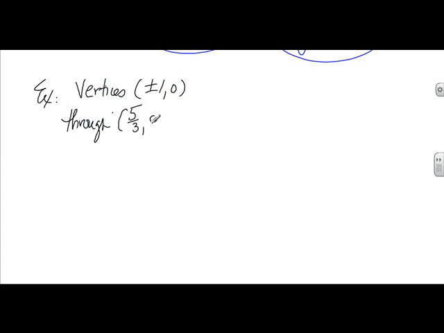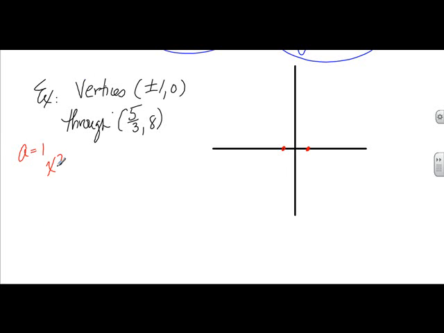Since the vertices are positive and negative 1, 0, if I think about where those points are, we know our hyperbola's got to open to the left and to the right. And we know the value of a right now is 1. So we're going to have x squared over 1 squared minus y squared over something equals 1. We don't know what b is yet. But we do know that at least one branch of the curve goes through the point 5/3, 8.